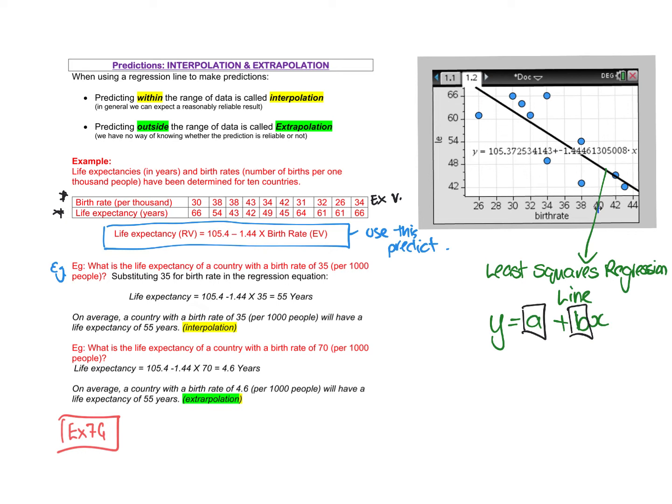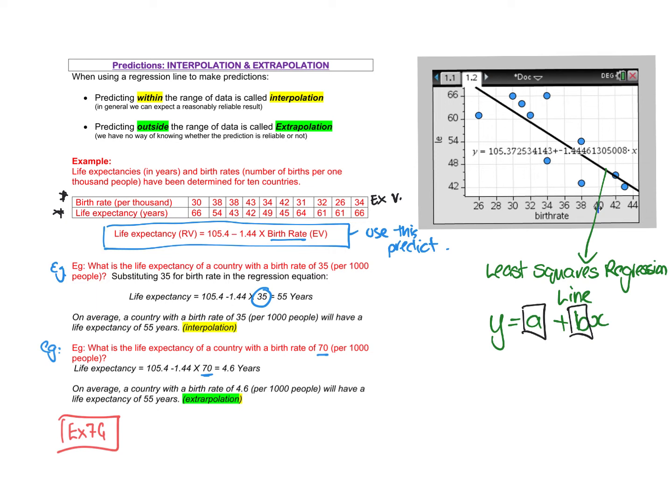Into our formula, where we see birth rate, we put 35 and calculated it to be 55 years. Then we have another example: calculate when the birth rate is 70. We popped 70 into the formula, and the life expectancy was 4.6 years. That is fairly low.